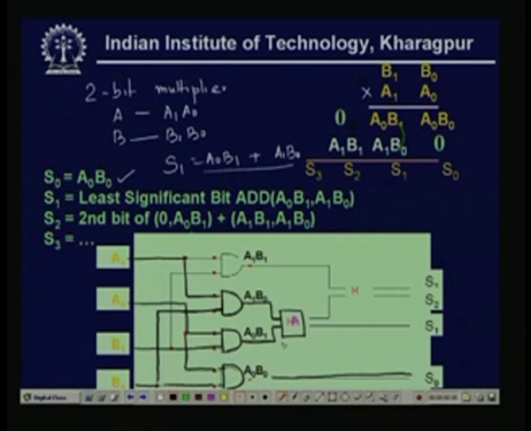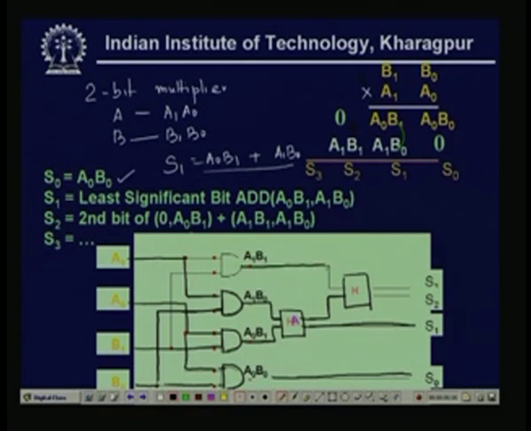Now, I need another half adder whose inputs are the carry of the previous half adder, the carry of the second terms, that is one input, and the other one is A1 B1.